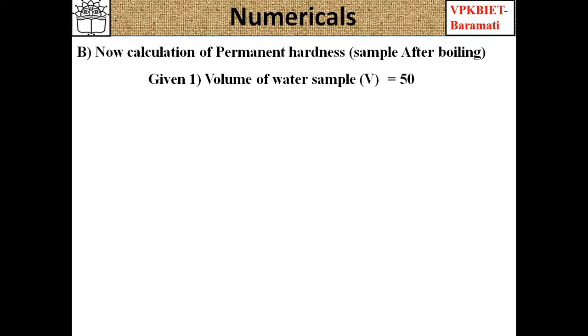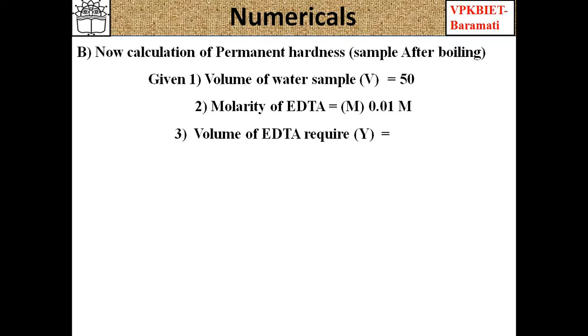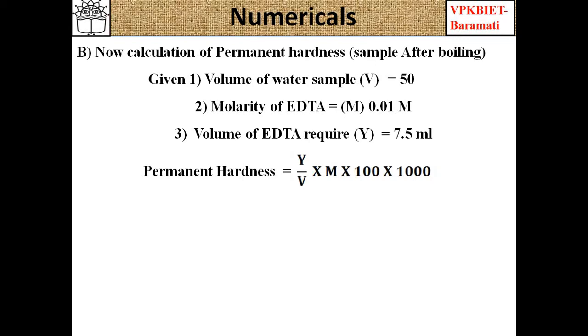The volume of water sample V is equal to 50, the molarity of EDTA M is equal to 0.01, both are constant for case 1 and case 2, and the third, which is different, is the volume of EDTA required, Y, equal to 7.5. Again the formula for permanent hardness is Y upon V into M into 100 into 1000.